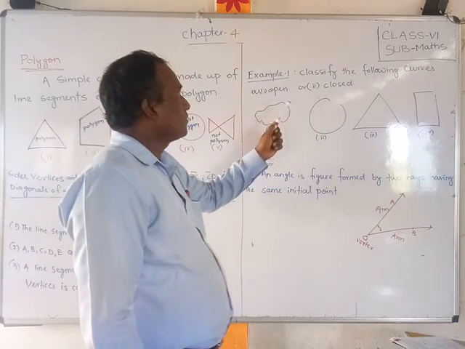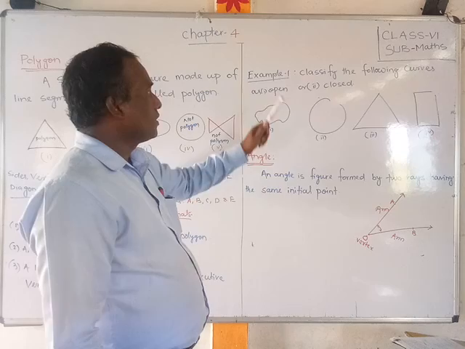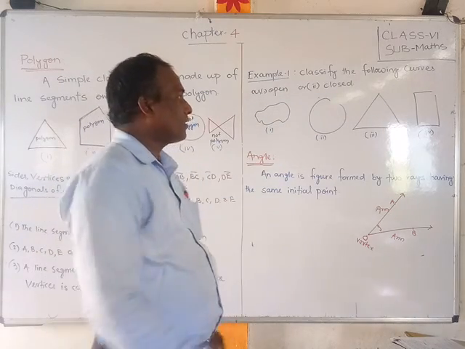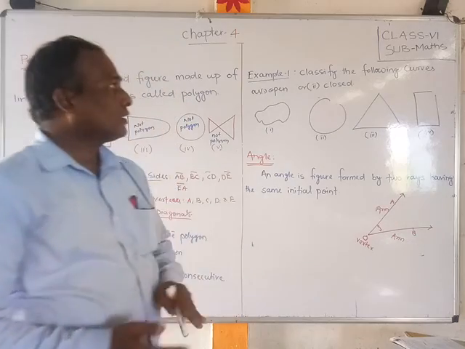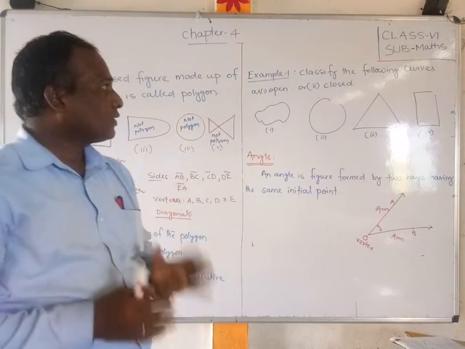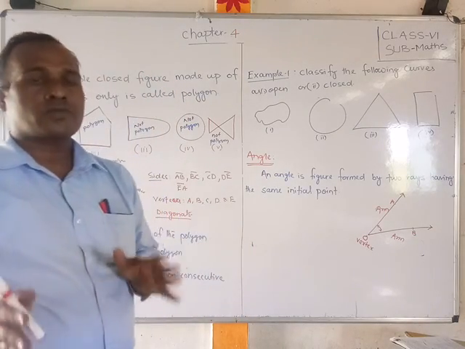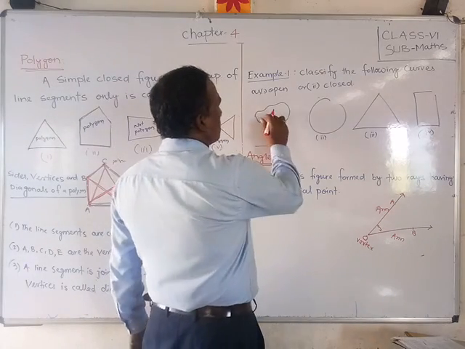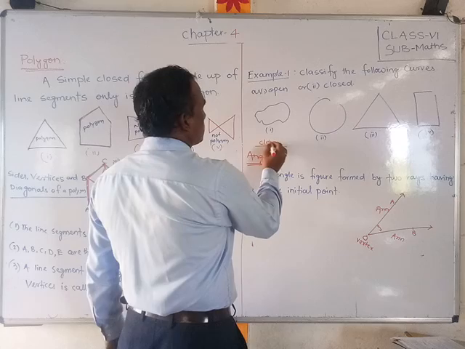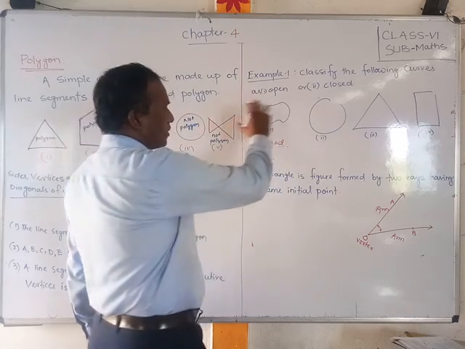Classify the following curves as open or closed. Whatever curves he has drawn, we have to understand which ones are open curves, open figures, and which ones are closed curves. Students, what is this? This is closed.